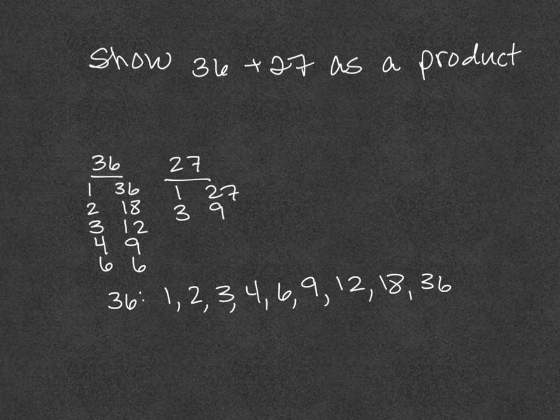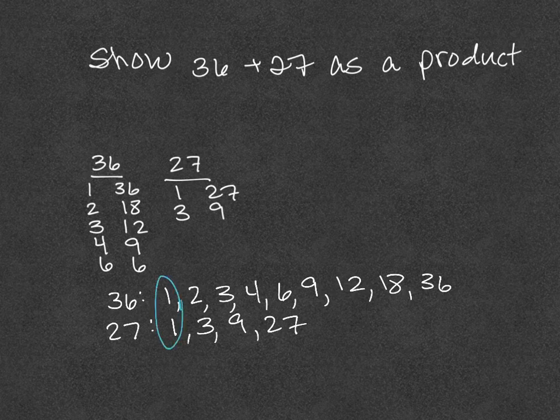Looks like the only factors of 27 are 1, 3, 9, and 27. Okay, so now I want their commons. Common factors is 1, 3, and 9. 1, 3, and 9 are common. The largest common one is 9.